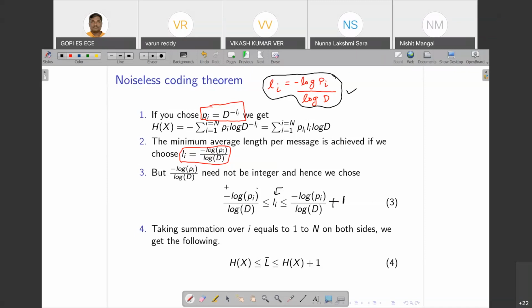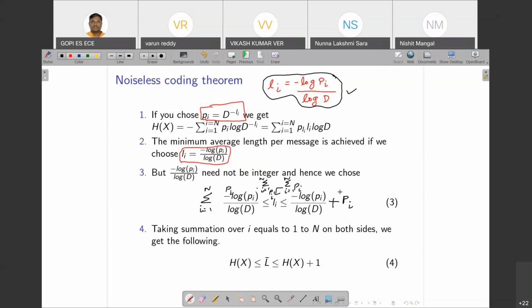What I'm trying to say here is you multiply pi on both sides, and take the summation over i equal to 1 to n in all the cases.